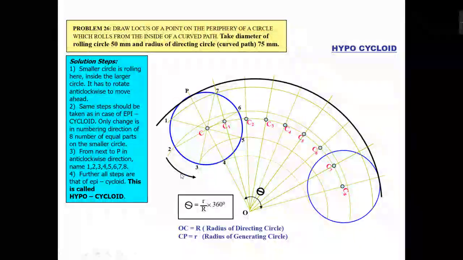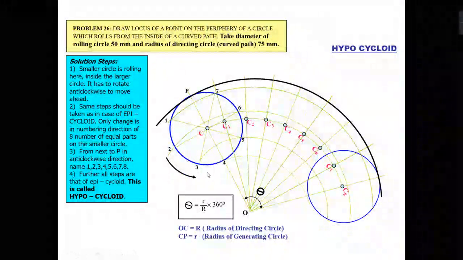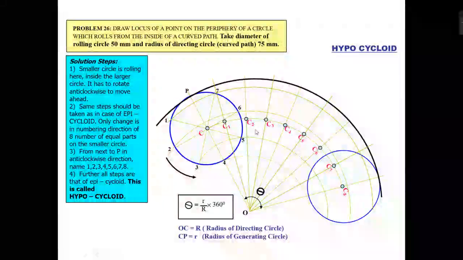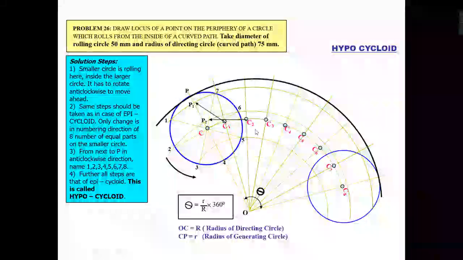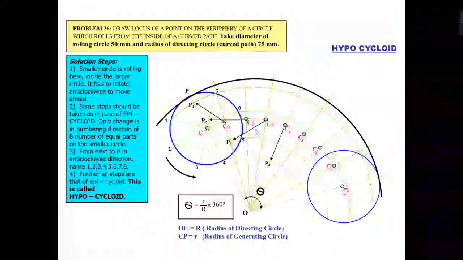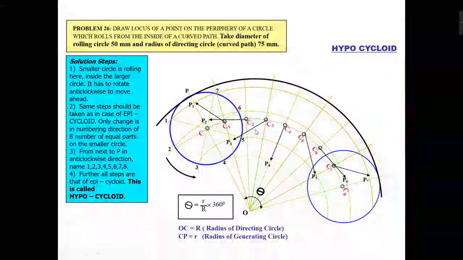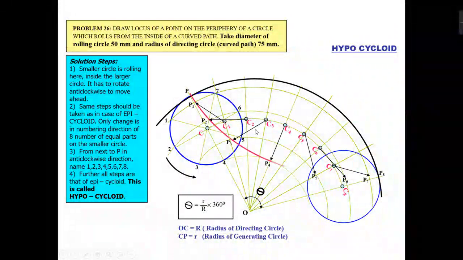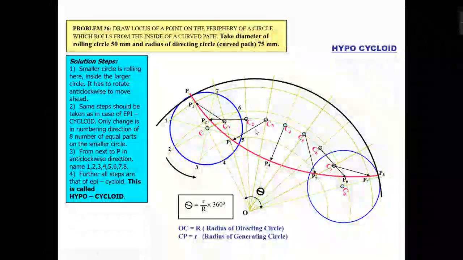The direction of the circle is anti-clockwise. So it is the same procedure, and you can get the hypocycloid.